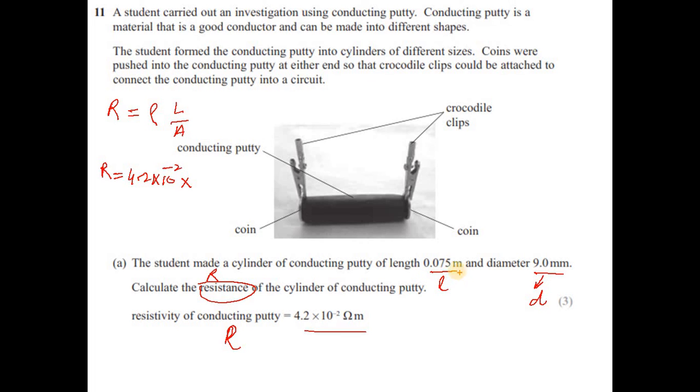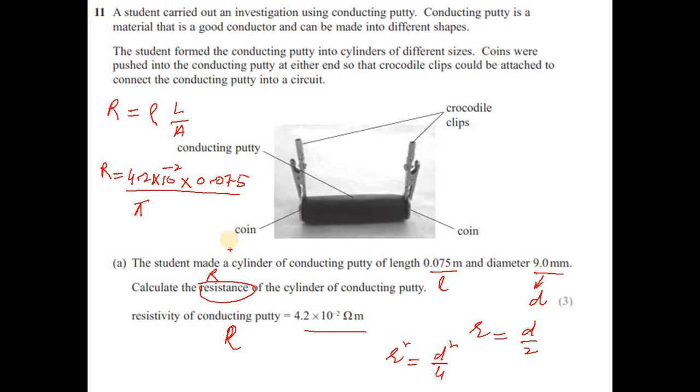Length is 0.075 meter, divided by area. Area is pi r square, and r is half of the diameter. R is equal to d by 2. So r square must be equal to d square by 4.